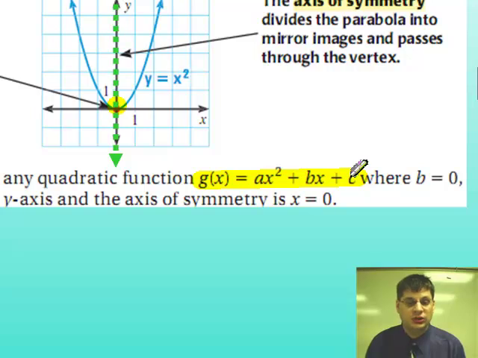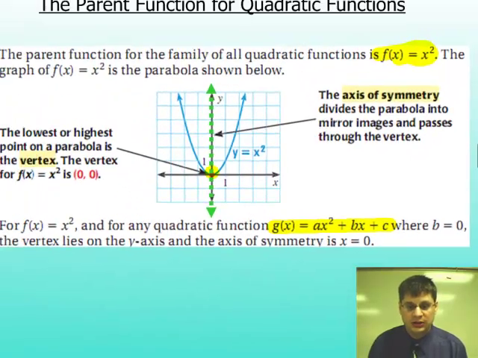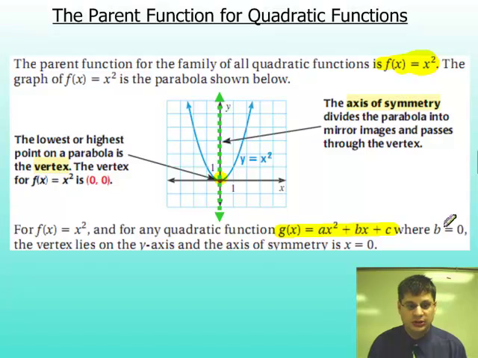And we saw another form when we first talked about parent functions. So we'll be looking at both of these forms and another form as well. We want to make sure though that our b value is equal to 0, and in that case the vertex lies on the y-axis.